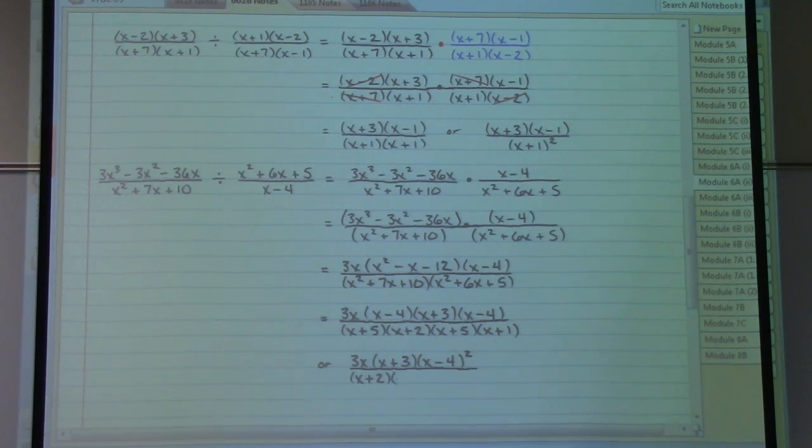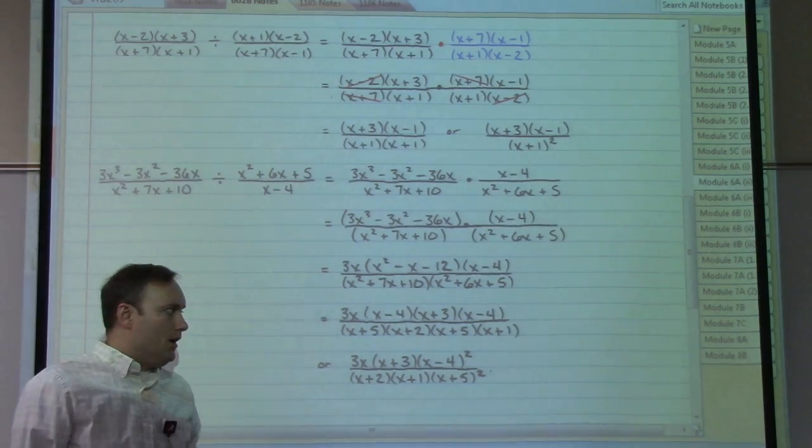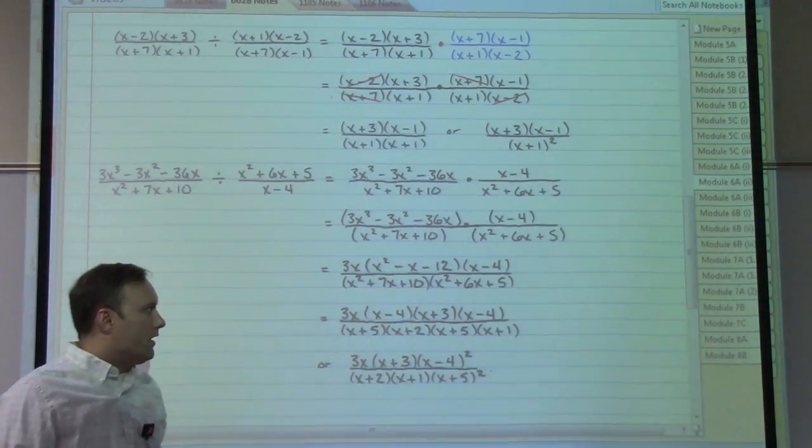It's less likely that the power would get lost in the middle as I am reading through those numerators and denominators. So this would be a third version, an acceptable version of the answer.